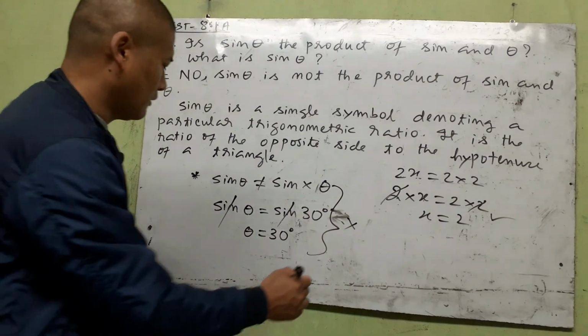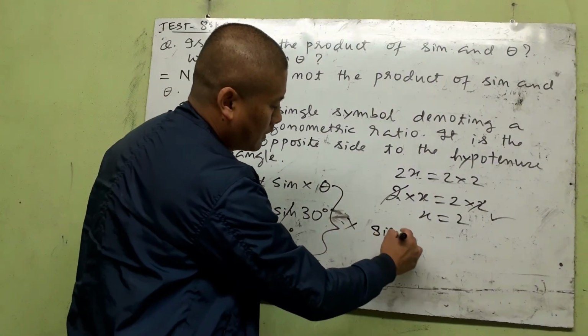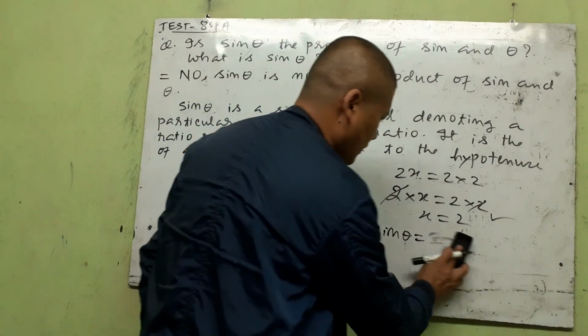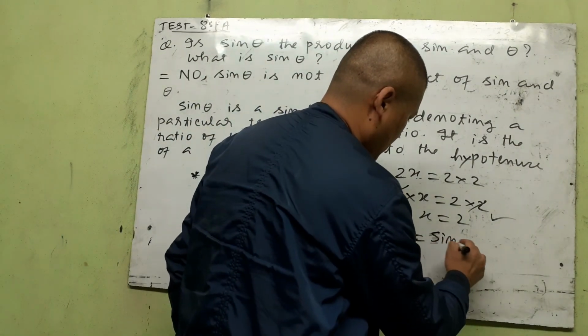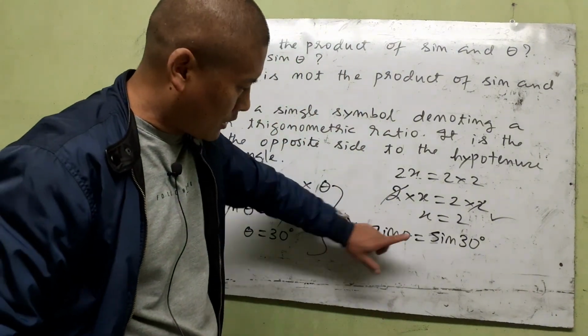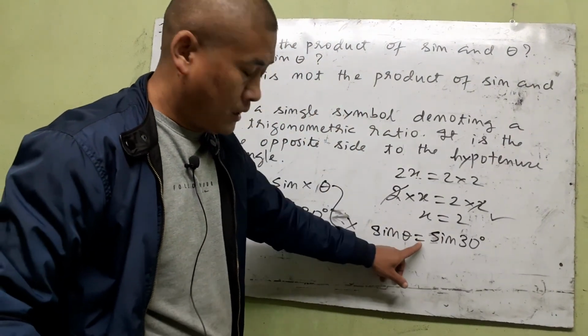Then how do we write in the right way? So if it is sine theta equal to sine 30 degree, then just by your imagination cover up both, sine and sine, both sides there's an equal sign.